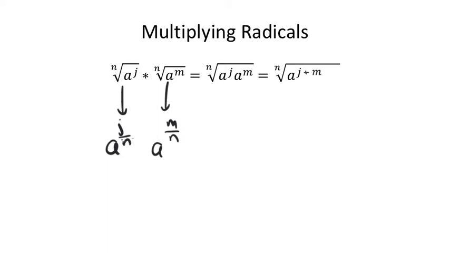See, what happens here is that you can combine these bases because they have common denominators of n, and then just do j plus m. Now, whether you go this route, which then kind of leads back to this route, is okay. I think for the most part we kind of go this way, though. So we're looking to make these fractional exponents, and then we combine them if the denominators are the same.